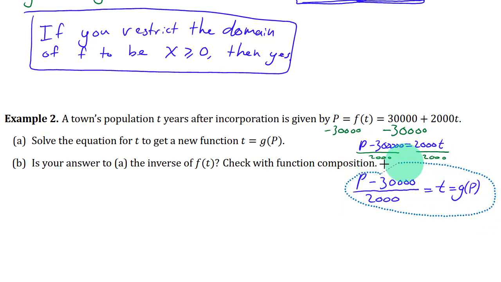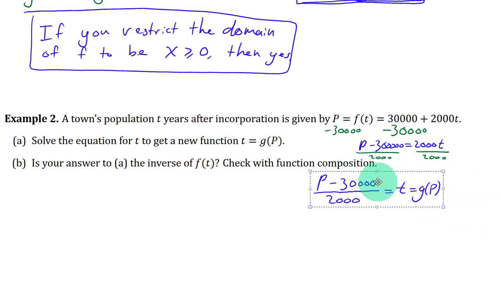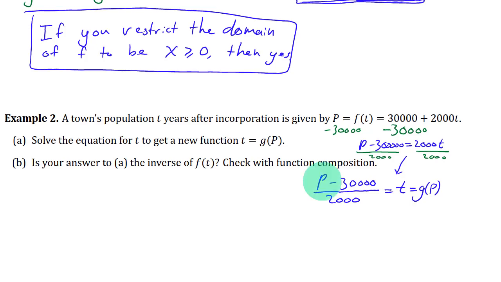So in other words, what this function does is you can take a population, like maybe when the population is 32,000, and plug that in for p, because that's what p represents, is the population.